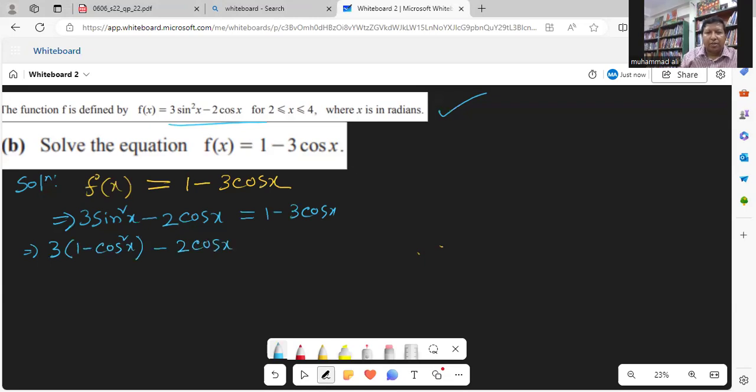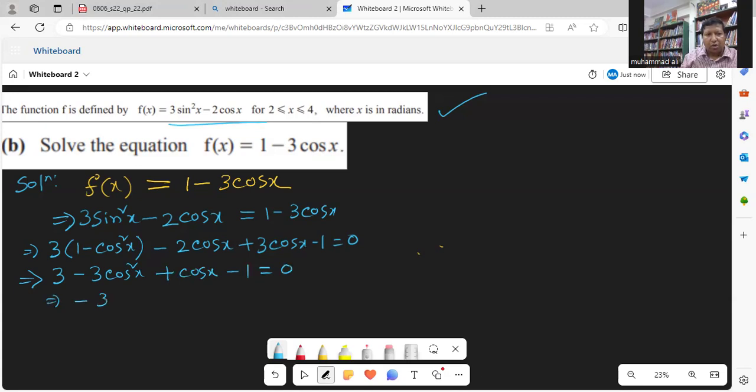When the right side terms go to the left side, it will be plus 3 cos x minus 1 equals 0. Now simplify: 3 − 3 cos² x + cos x − 1 = 0.